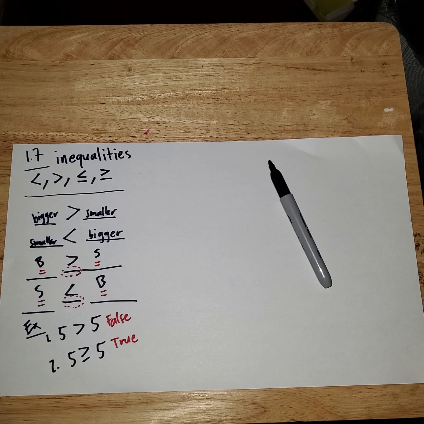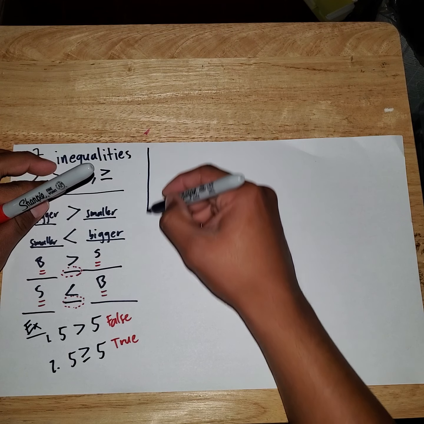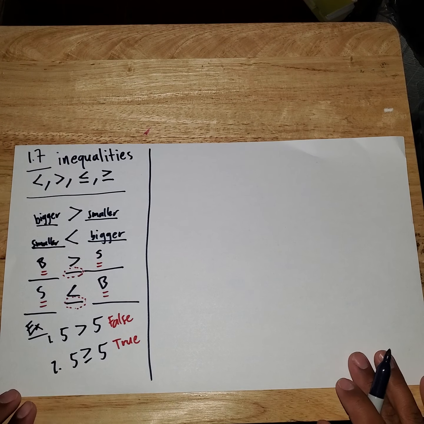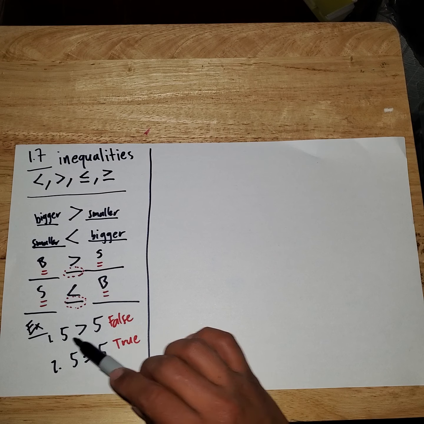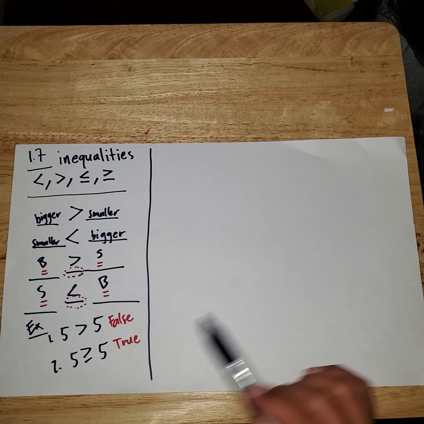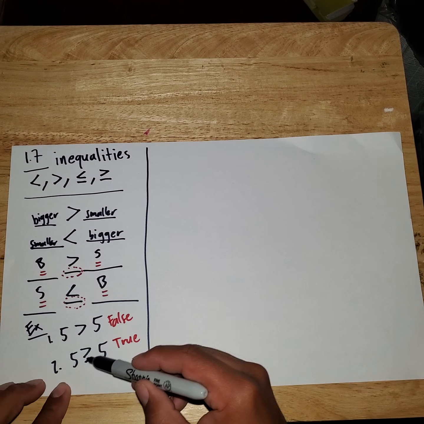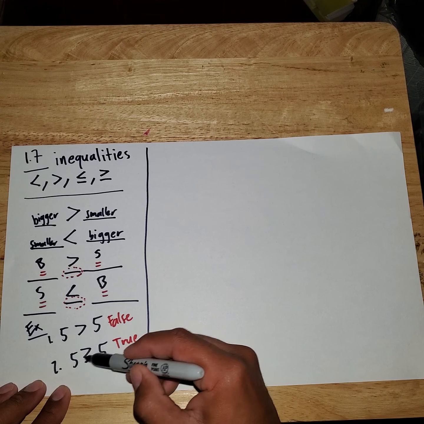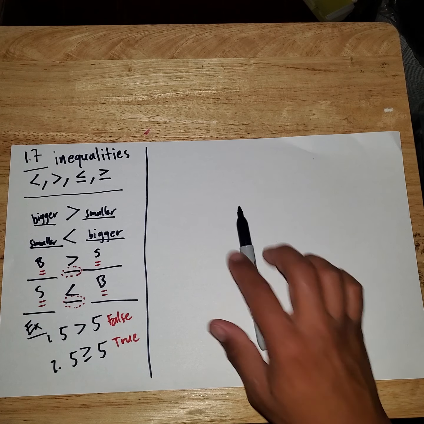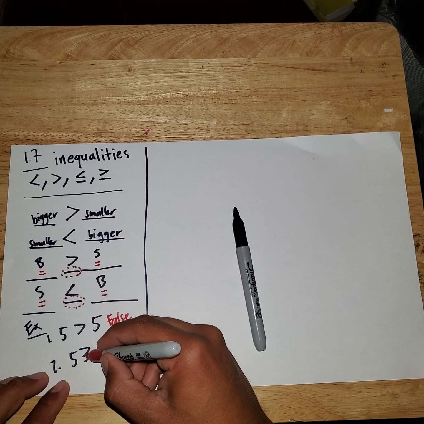Again, the reason why is because here 5 is not greater than 5. 5 is equal to 5. And then this one, you're not satisfying the greater part, you're satisfying the equal to part.